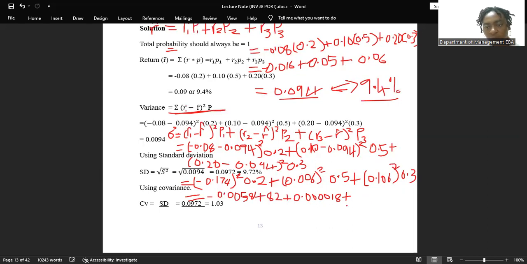So we come and multiply 0.106 raised to the power 2 times 0.3. We get 0.0031827.